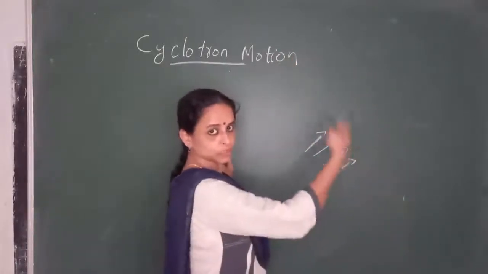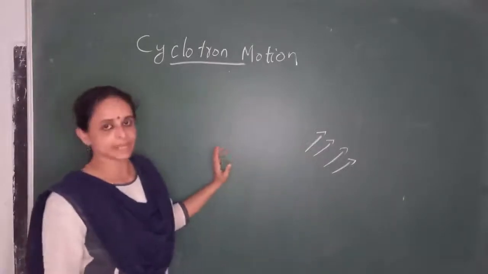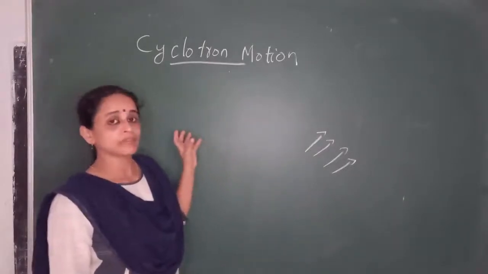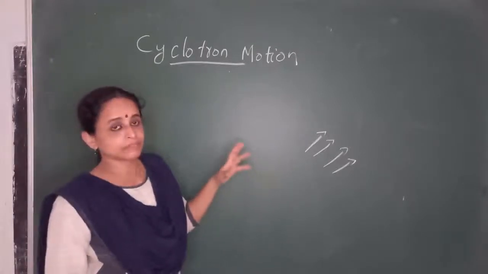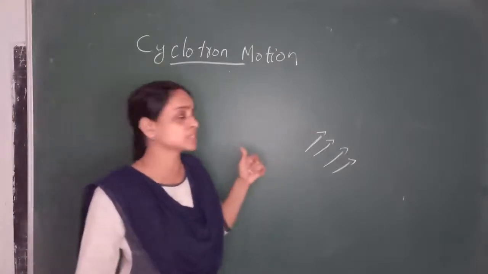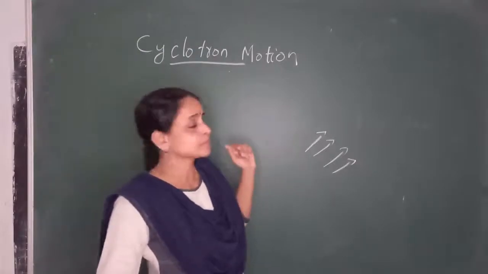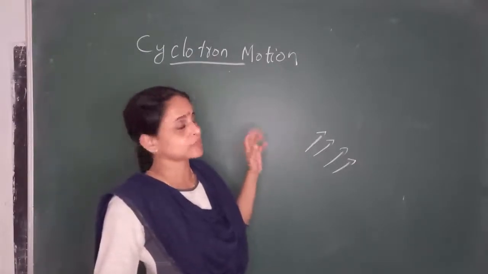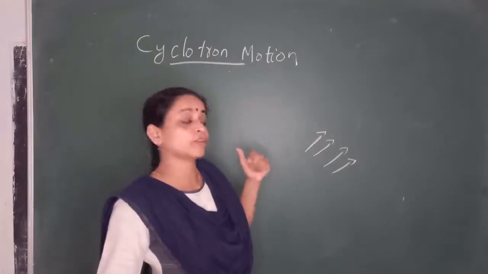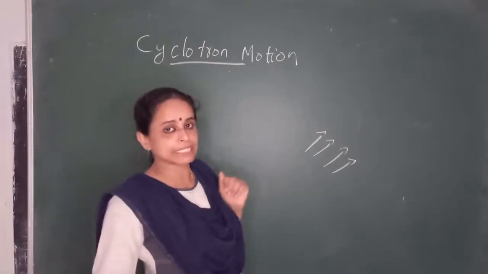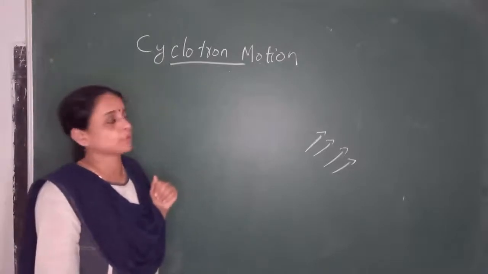If the charge Q is moving in the counterclockwise direction, what will be the force acting, what is the equation for the force, and what is the formula for momentum here? That is the cyclotron formula.